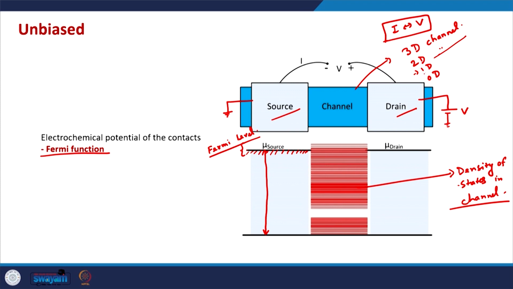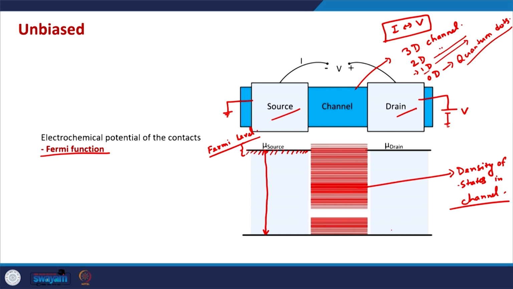A 1D channel can be a nanowire whose extent in two dimensions is very small as compared to its extent in the third dimension. And by a 0D channel, we mean that its extent in all three dimensions is very small, like molecules or quantum dots. So, in modern day devices, this channel can be a 3D, 2D, 1D or 0D channel.